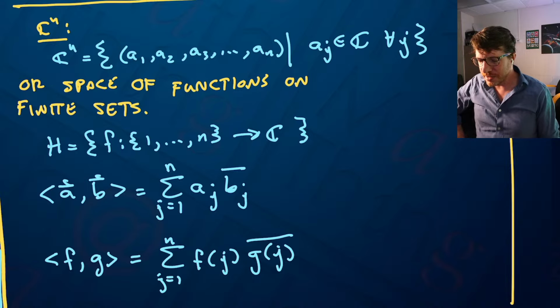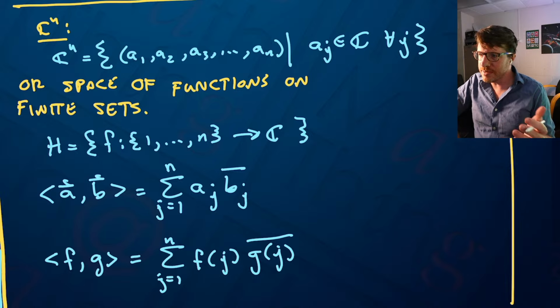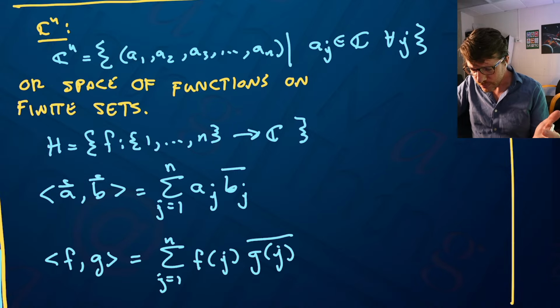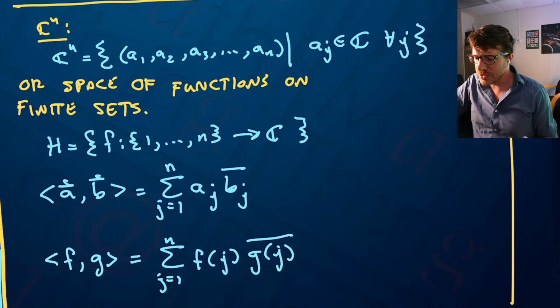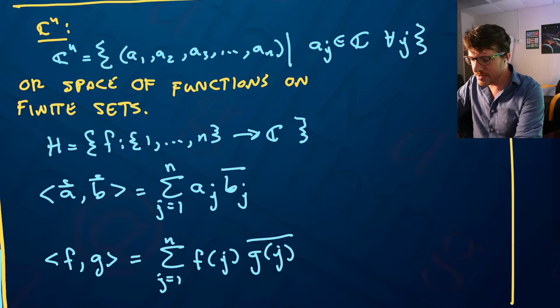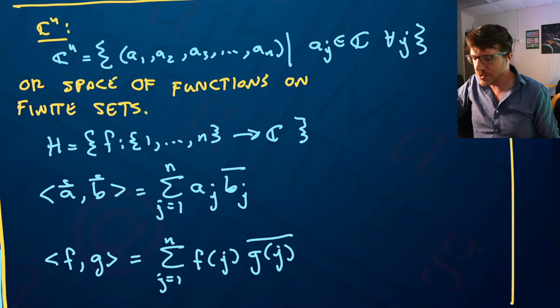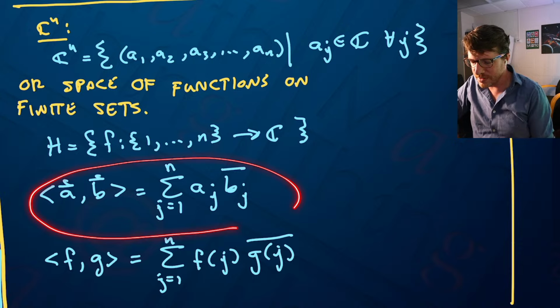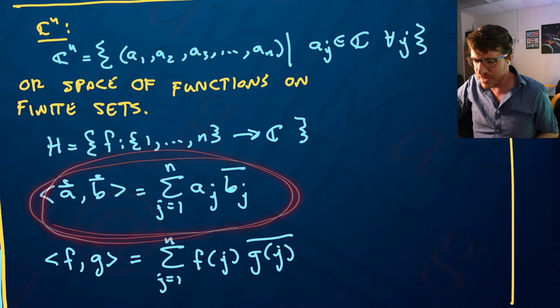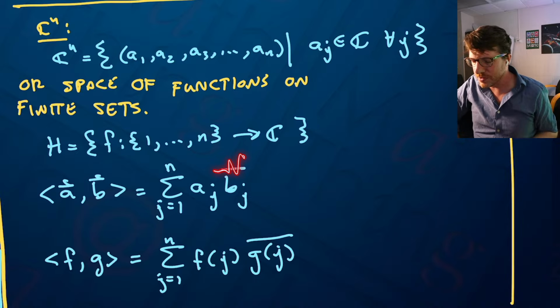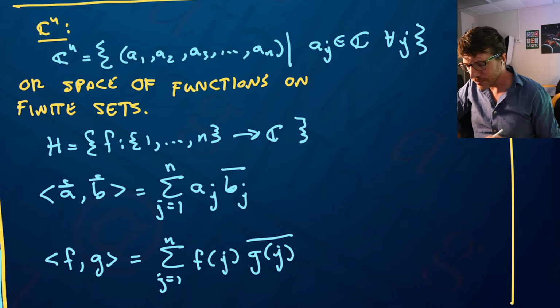Interestingly, every single C^n is itself a Hilbert space, a sort of mini version of our sequence space little L2. Here we just end it at n. It has the same inner product, and you'll notice this is just the dot product from C^n or R^n if you remove the conjugate.